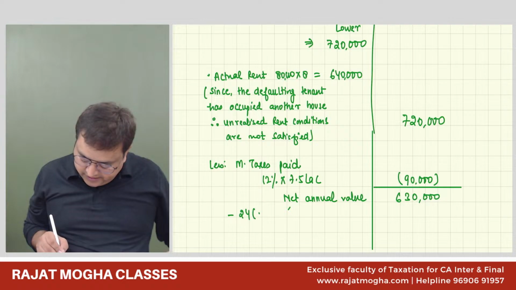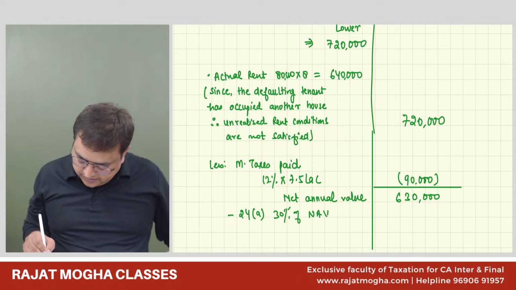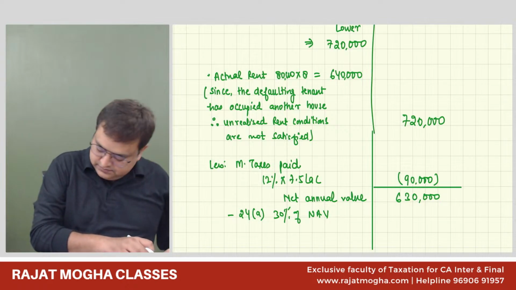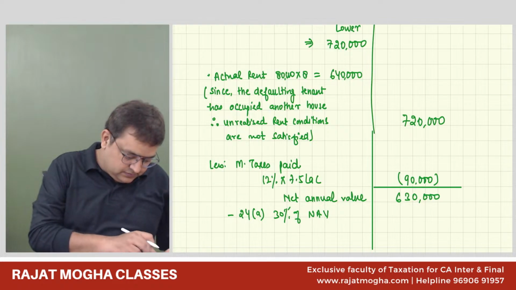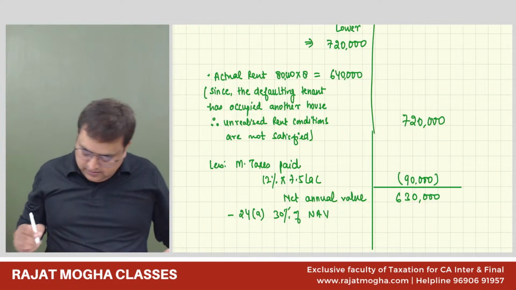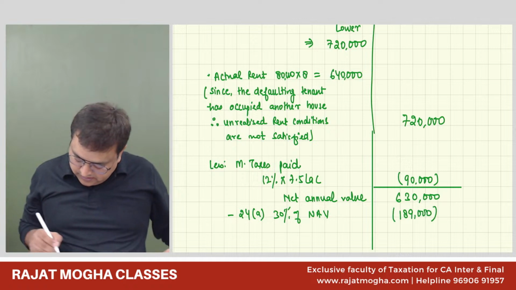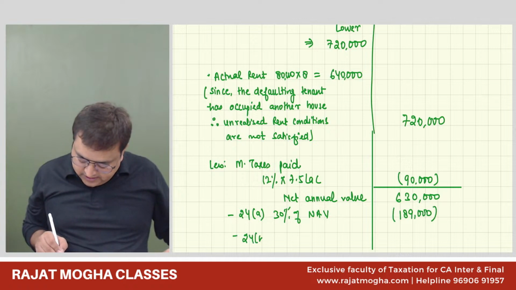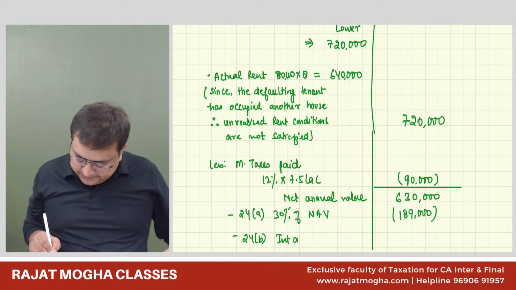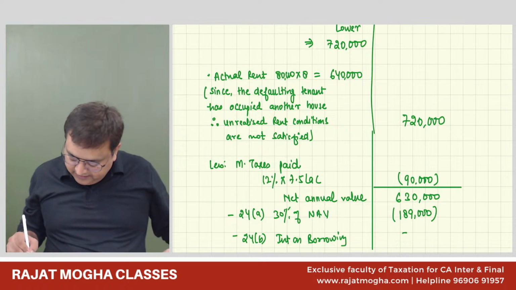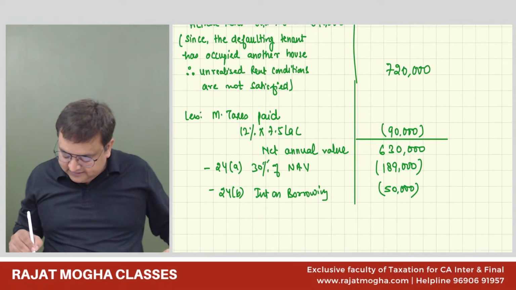Minus 24A deduction, 30% of NAV, 1,89,000. 24B, interest on borrowings. 50,000 they have given to us, and there is no such restriction as it is a let out property.